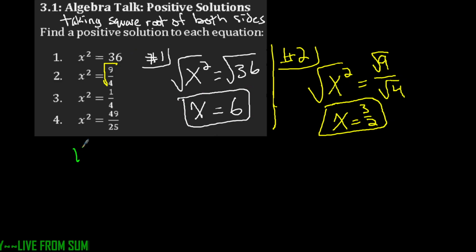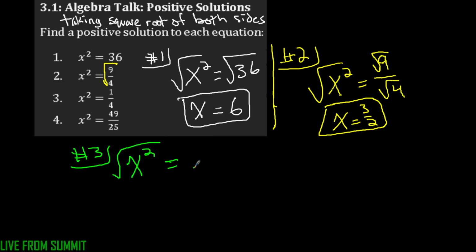Now in number 3, you can find space for yourself, use that whole page. I have the square root of x squared equals the square root of 1 over the square root of 4, which is the same as 1 over 2.